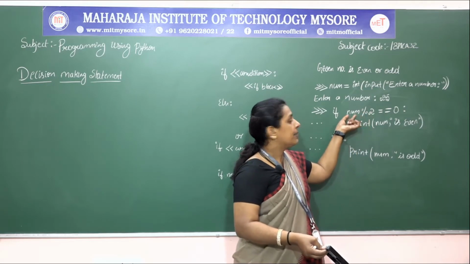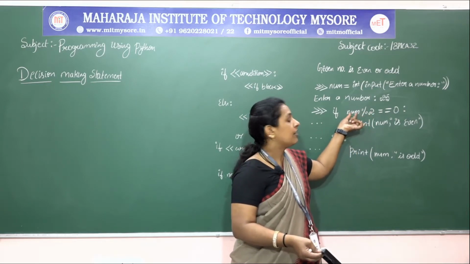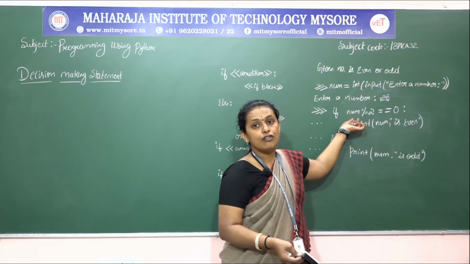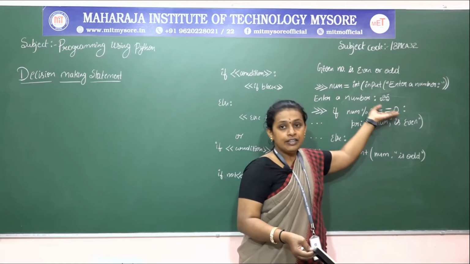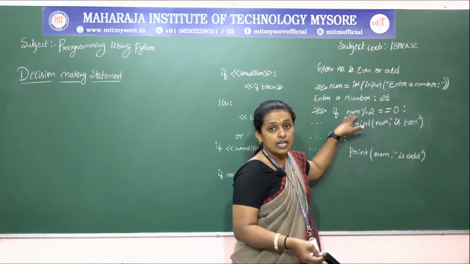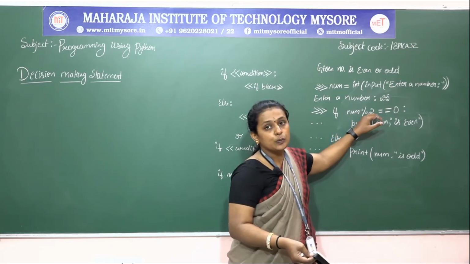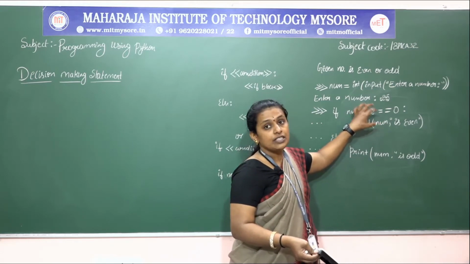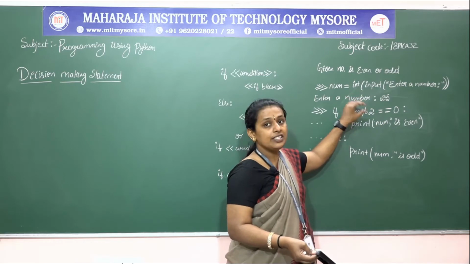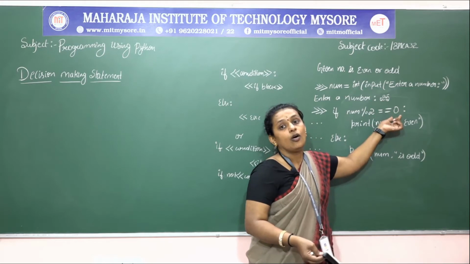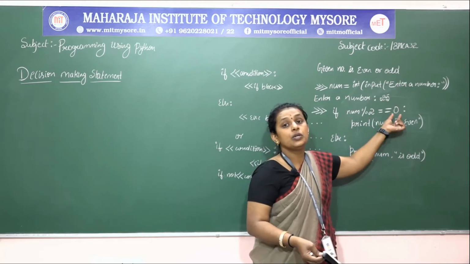The value of num, which is 25, will be replaced in the variable, so 25 modulus of 2 is computed, and whatever the output is, it is stored and then compared with the remaining operation, that is, equal to 0.